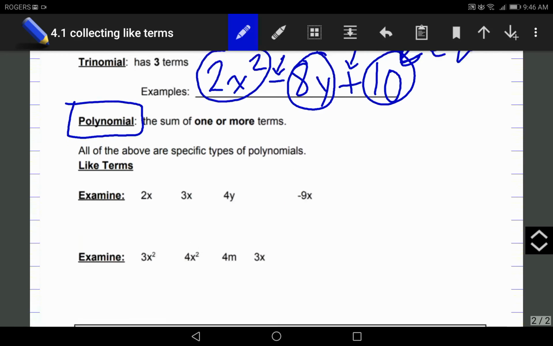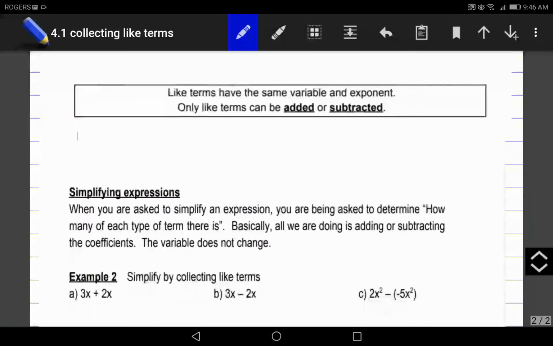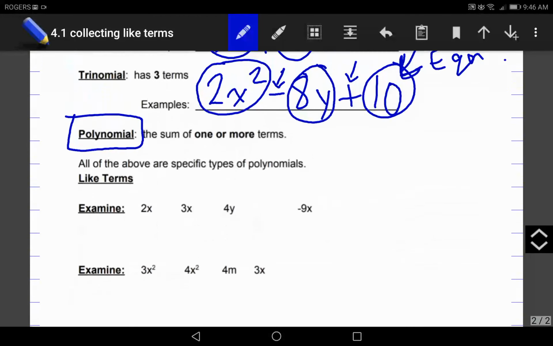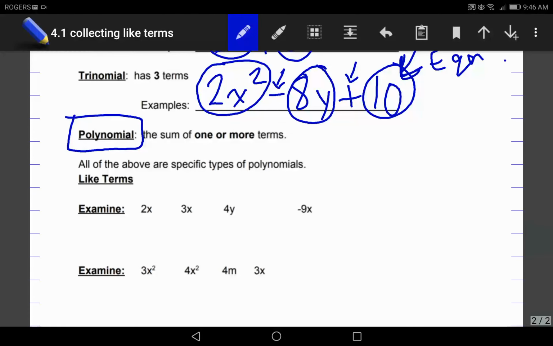Okay? Now, before we get into some real examples, let's just identify like terms, which we've already done above, but let's identify what like terms are. Out of these four, which are like terms? Basically what I'm saying is which one has the same variable or letter, but also the same exponent.